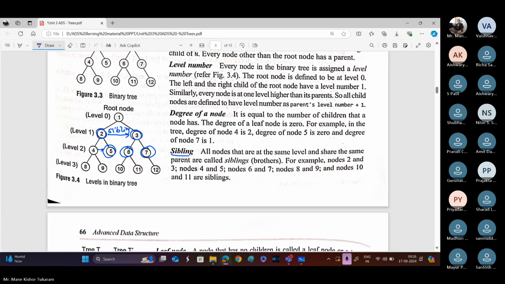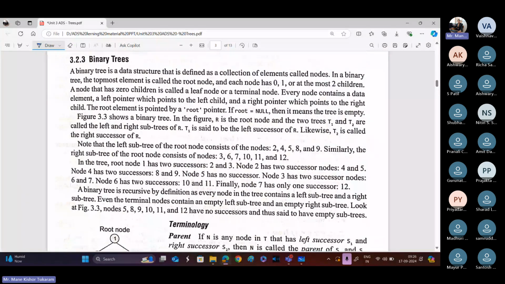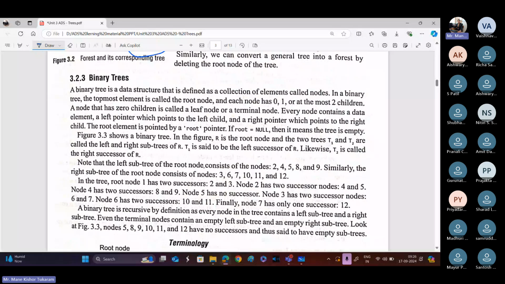Then we have seen the particular tree. So binary tree is a data structure which is defined as a collection of elements called nodes. And in a binary tree, the topmost element is called the root node. And each node has 0, 1 or at most 2 children.